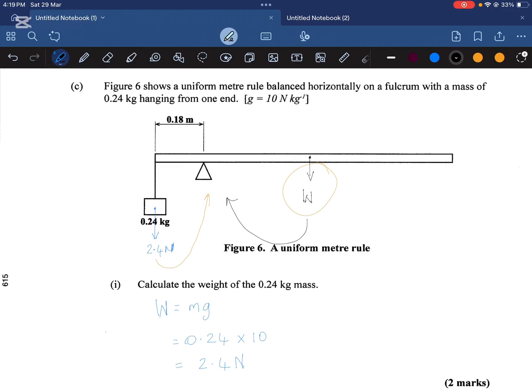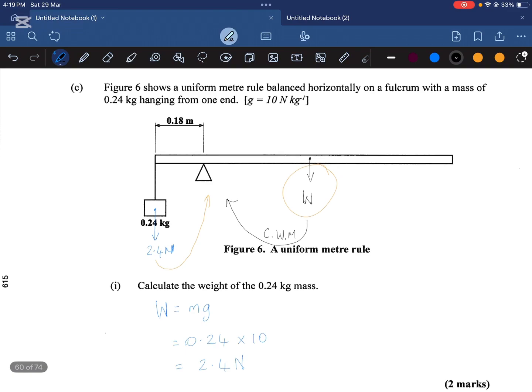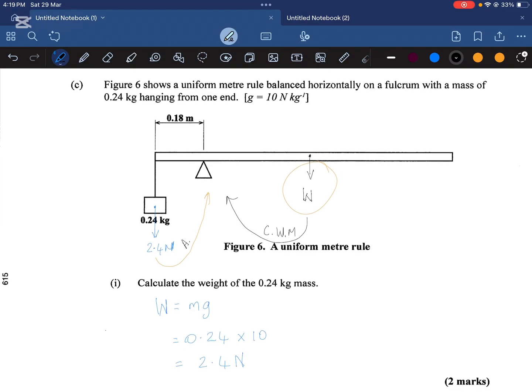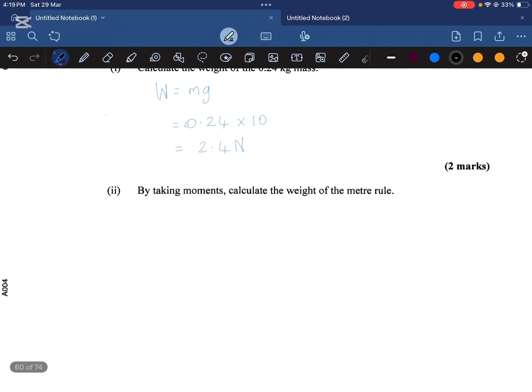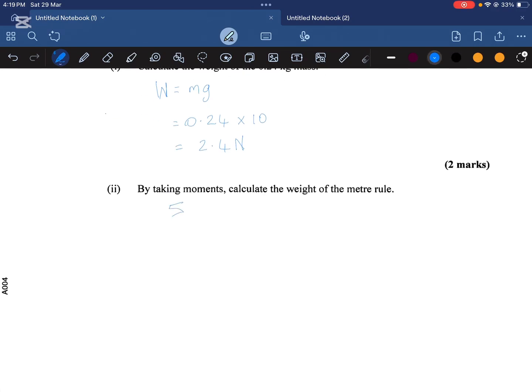So the weight will have a clockwise moment and the 2.4 will have an anticlockwise moment. According to the principle of moments, the sum of the clockwise moments should be equal to the sum of the anticlockwise moments.